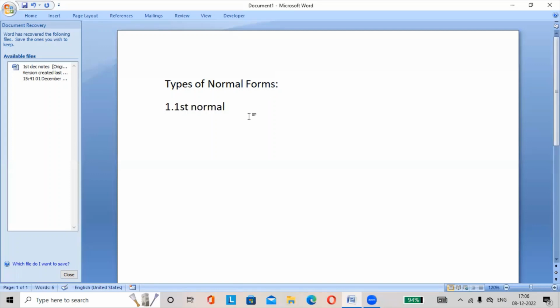First normal form, also known as 1NF. Second normal form, also known as 2NF.